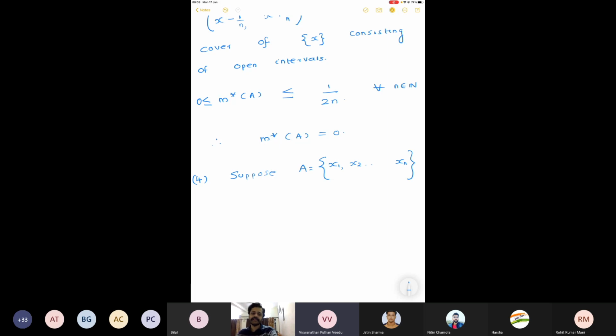For a single point, measure is 0, outer measure is 0. If outer measure is going to be a good measure, then measure of A is going to be measure of x1 plus measure of x2 plus so on measure of xn. And measure of x1, x2, xn all are 0. So we should expect that measure of A also is 0.